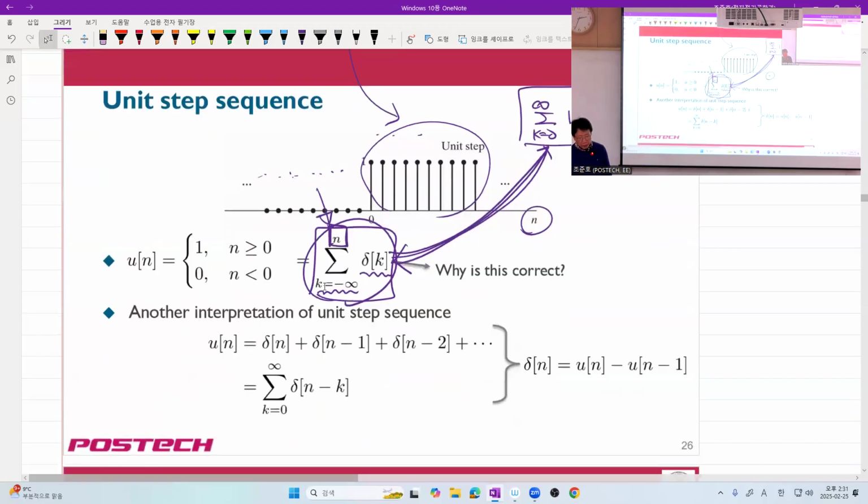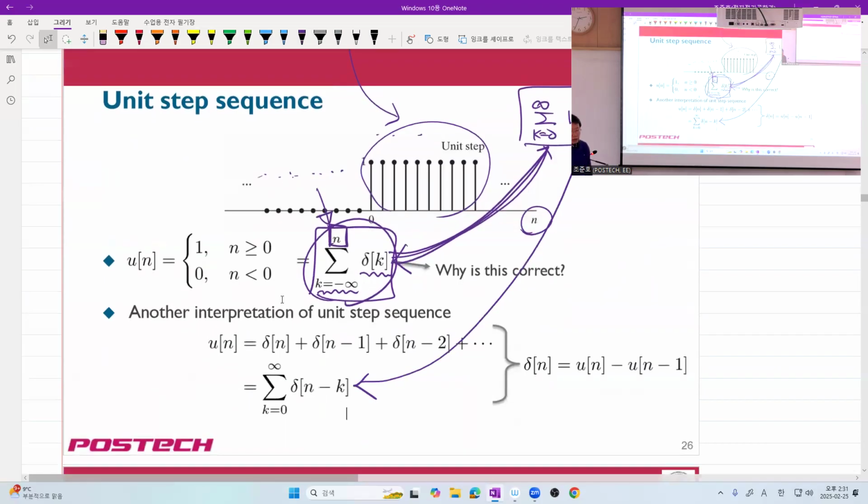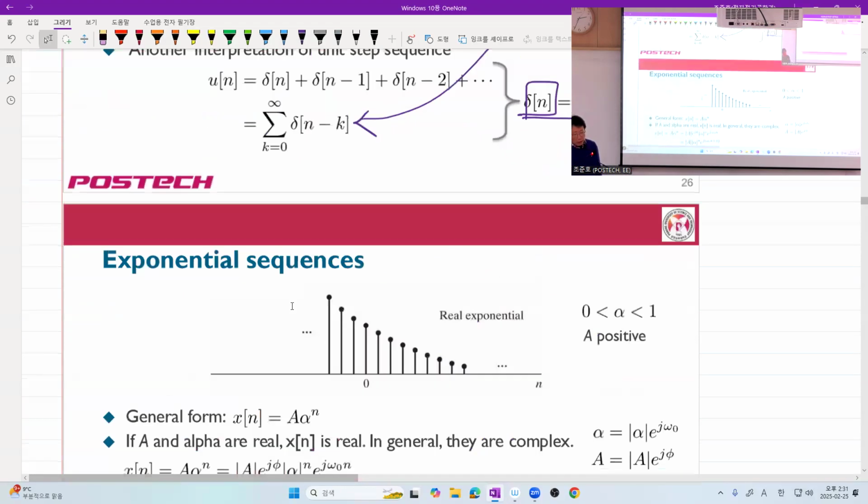Anyway, so here goes what I've written. And similar to what you've done in high school math to compute the general term from its summation series, by subtracting the signal u of n and its delayed version, you can get the delta function. It's not that difficult.